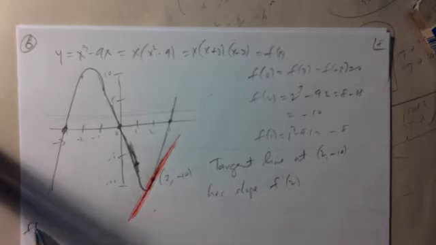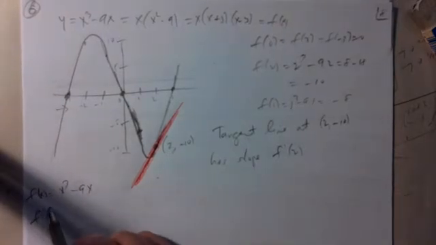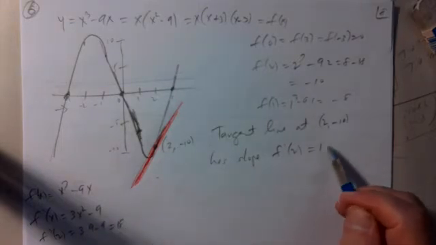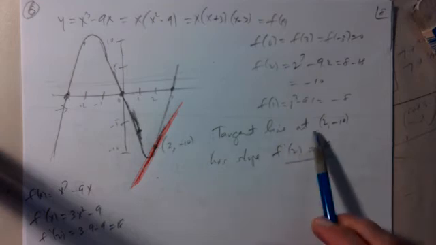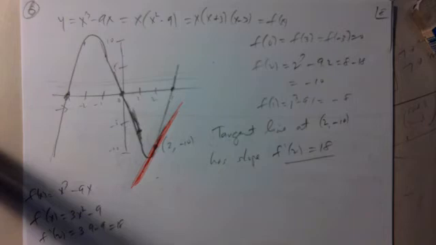Let's just note, if f of x is the function x cubed minus 9x, f prime of x is 3x squared minus 9. So f prime of 2 is 3 times 4 minus 9, which is 3. So the tangent line going through the point 2 minus 10 has slope 3.